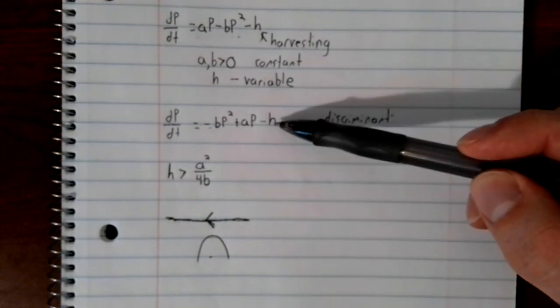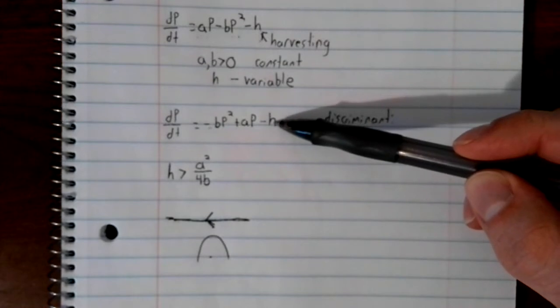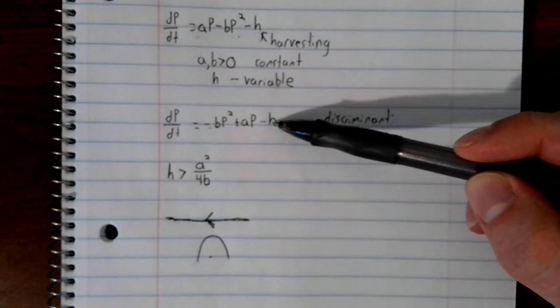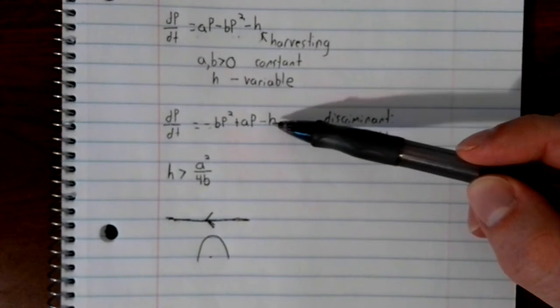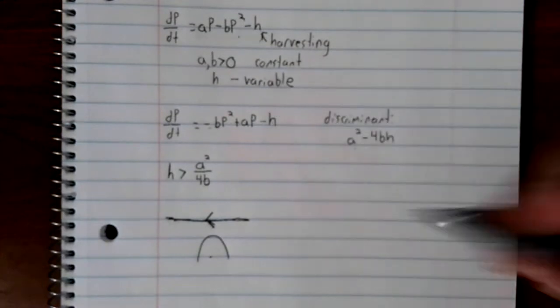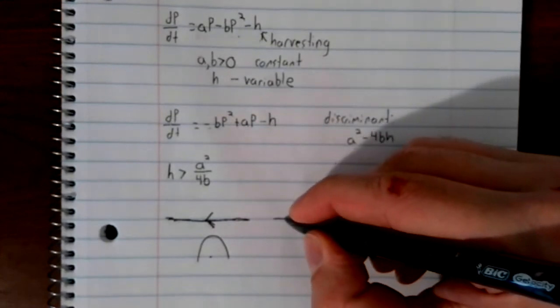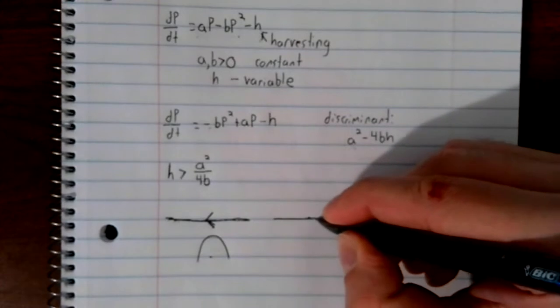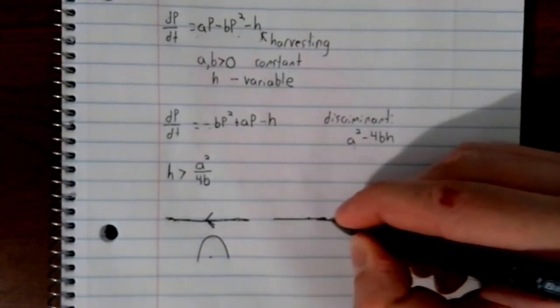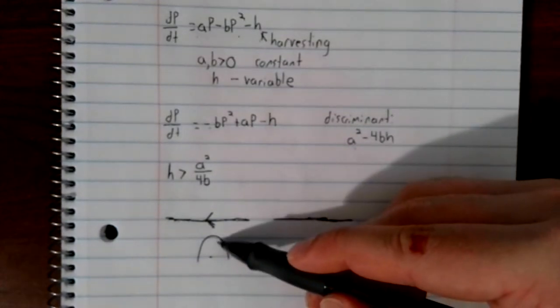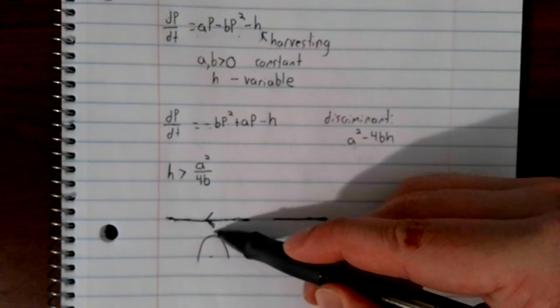The harvesting term controls the vertical shift of this parabola. We don't want the fish to go extinct, so we start to reduce harvesting. That pulls the parabola up.